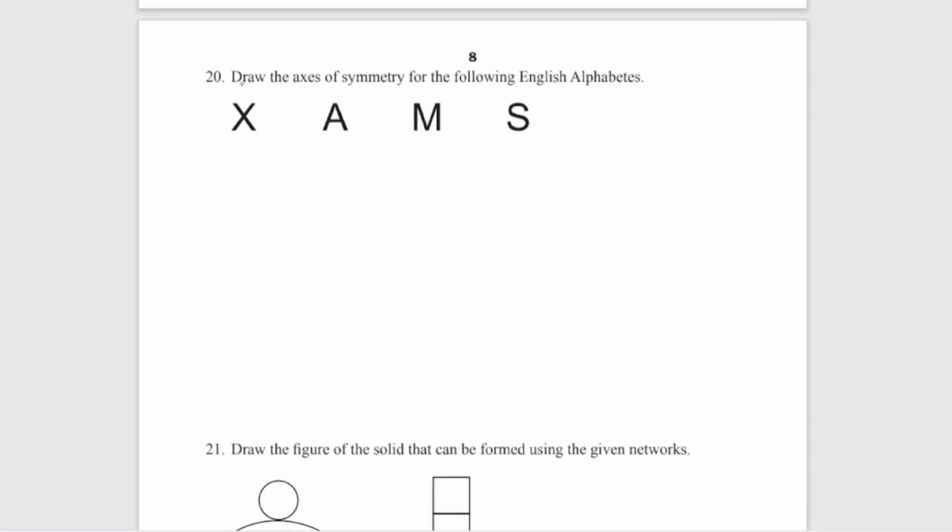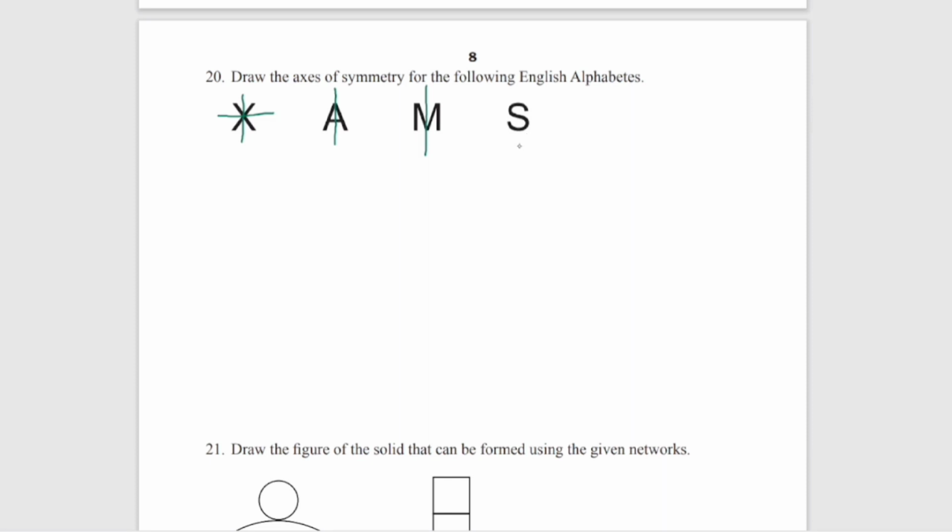Now let us move to the next question, the 20th question. Draw the axis of symmetry for the following English alphabets. So X has both horizontal as well as vertical line of symmetry. The alphabet A has only the vertical line of symmetry. M also has the vertical line of symmetry.